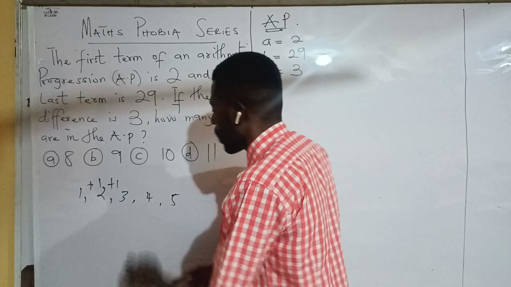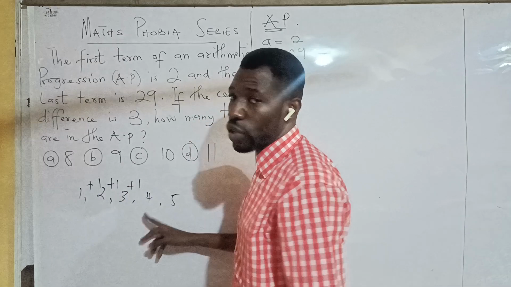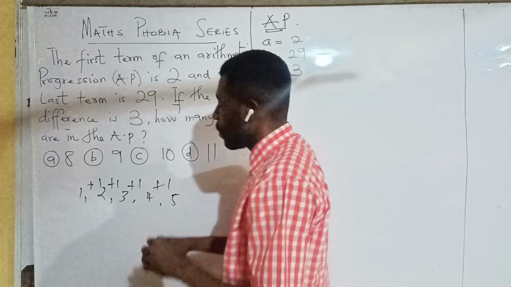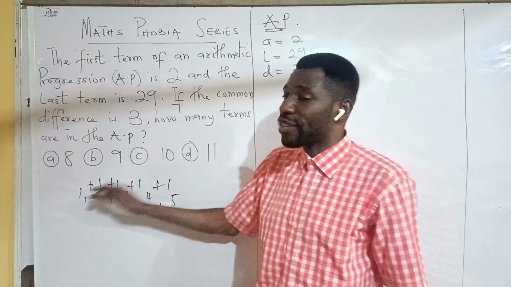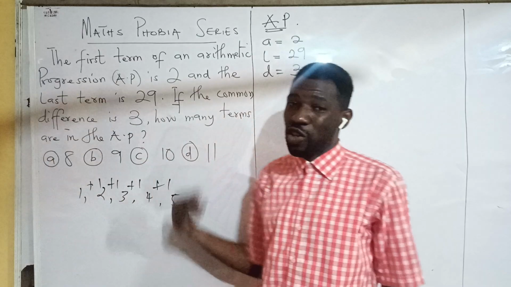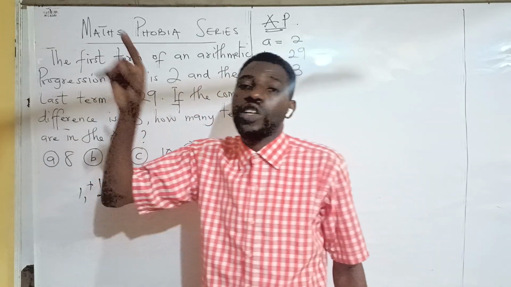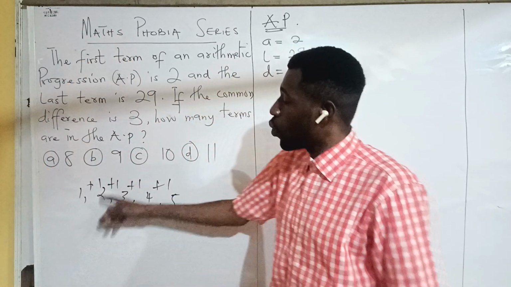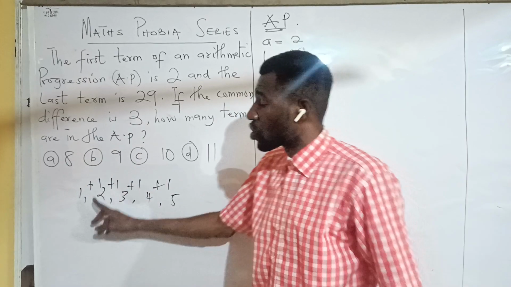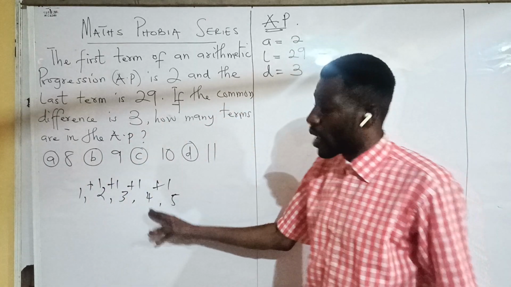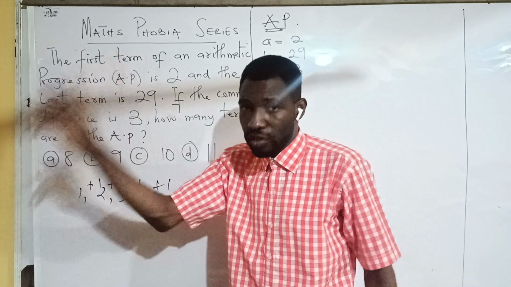To 3 to get 4? 1. To 4 to get 5? 1. So the numbers are increasing according to a pattern, and the number we add to each preceding number to get the next number is 1. That number we call the common difference. We can get it using the second term minus the first term, or the third term minus the second term, or the fourth term minus the third term, and so on.